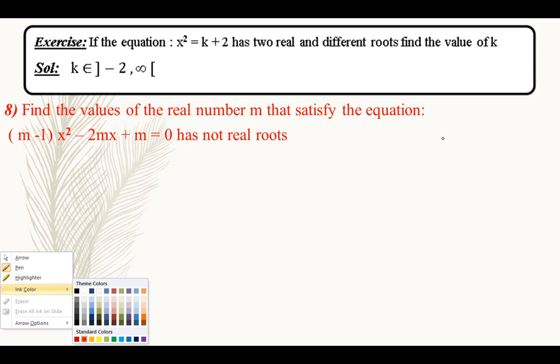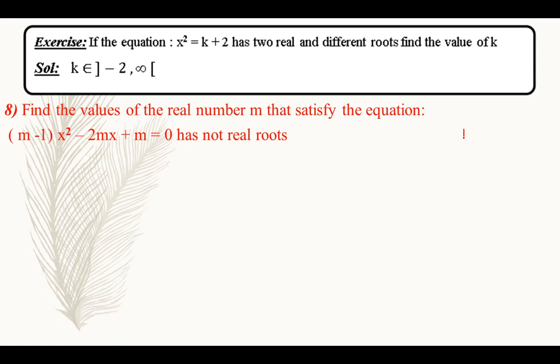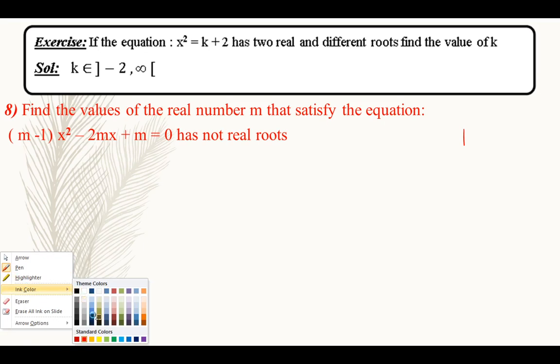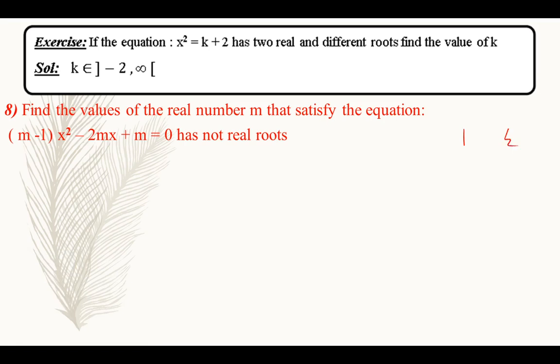That is to say that the discriminant is smaller than 0. Here, the discriminant smaller than 0.